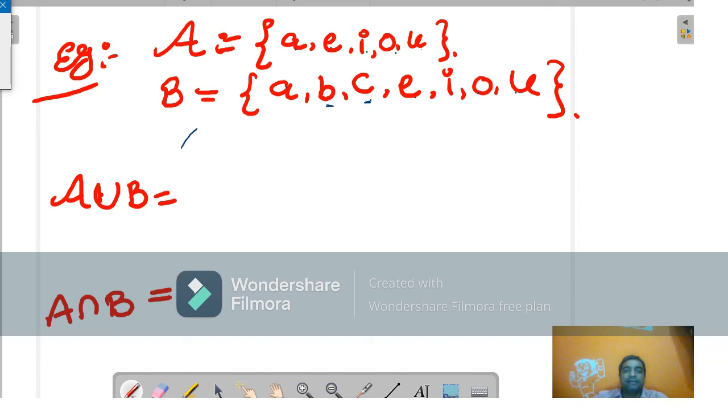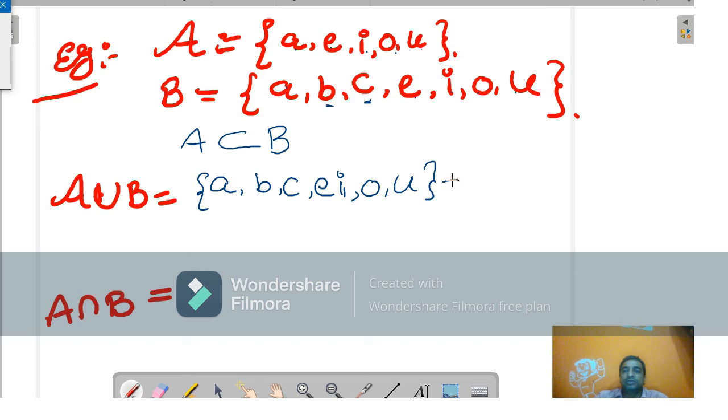So here we can say A subset B. Now A union B means all the elements of A or B: A, B, C, E, I, O, U. This is nothing but B. So A union B is equal to B.